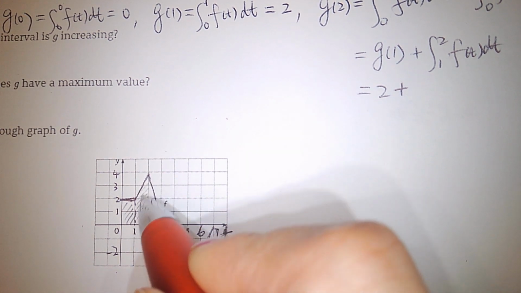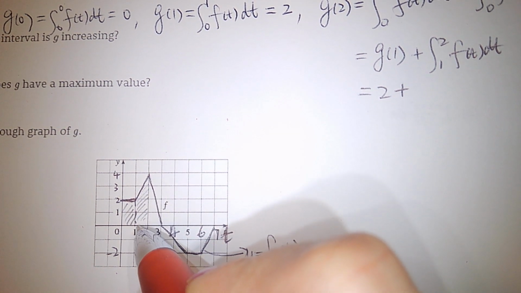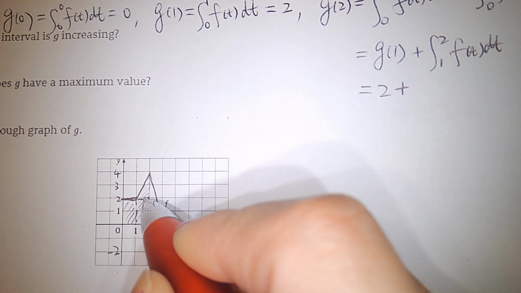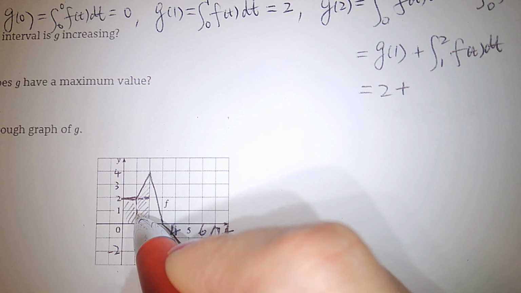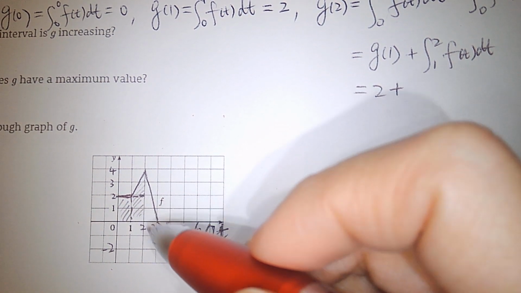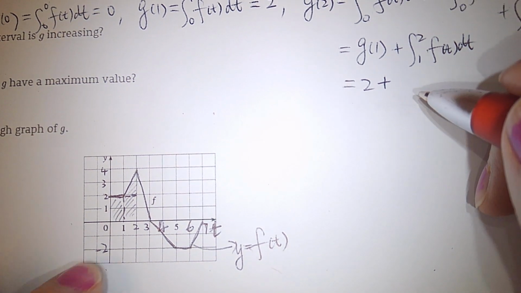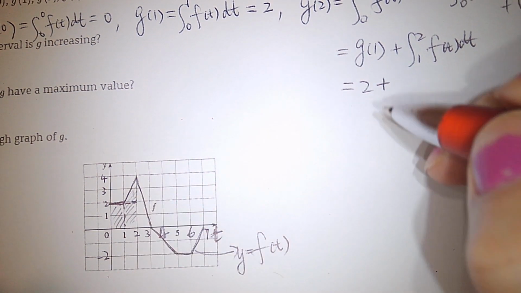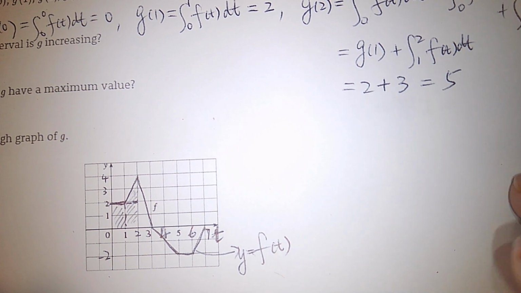The area of this region, right? So how do you compute this area? Can we cut it into a triangle and then a rectangle? Yes, the triangle on top is half of the area, so it'll be 1, and this is 2. So in total that's 3, and adding the 2 gives us 5.